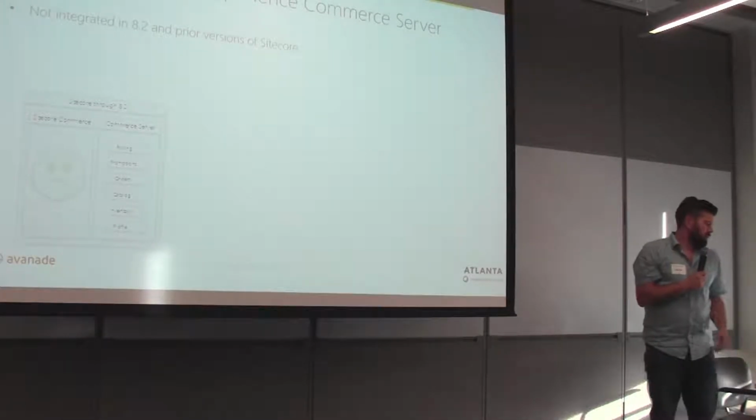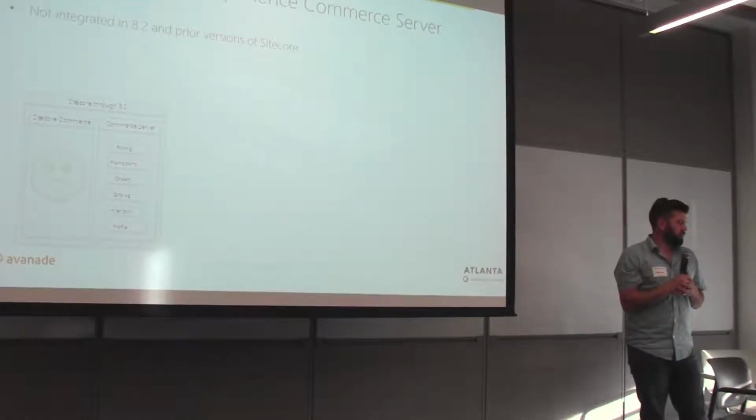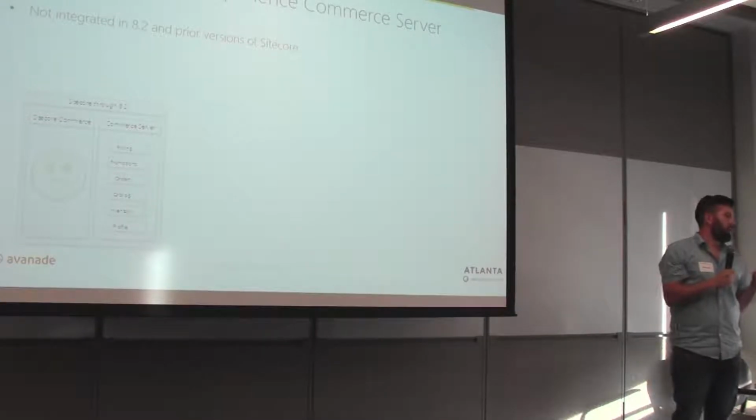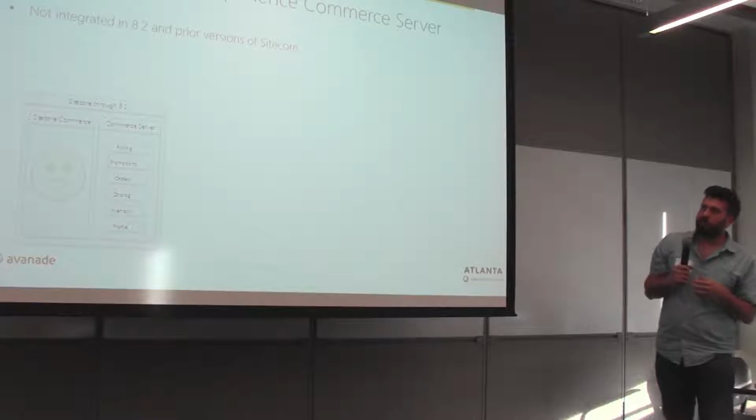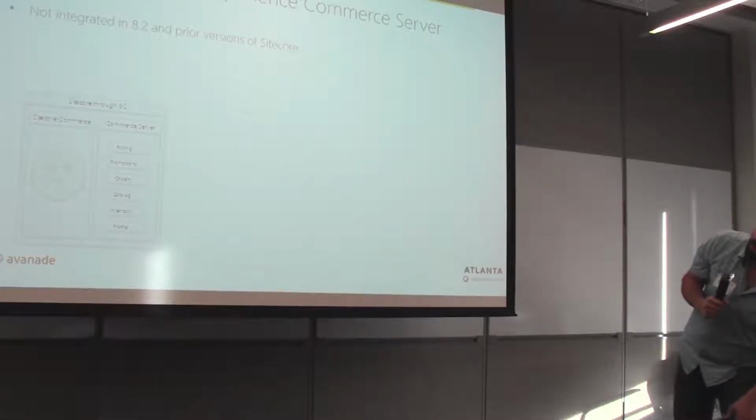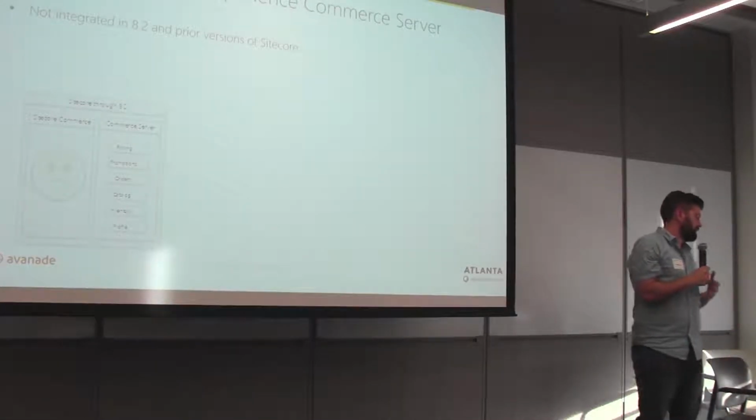So, as I mentioned, the first version of that Commerce Server 11, not integrated at all with Sitecore 8.2 and below. So, if you look at this slide, we've got the different kind of works. Sorry, it might be hard to read, apologize.